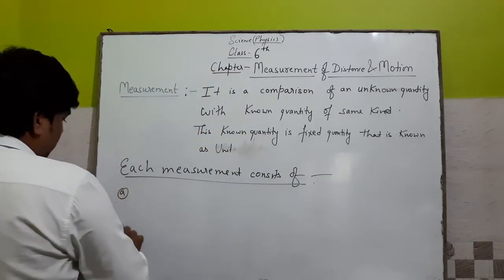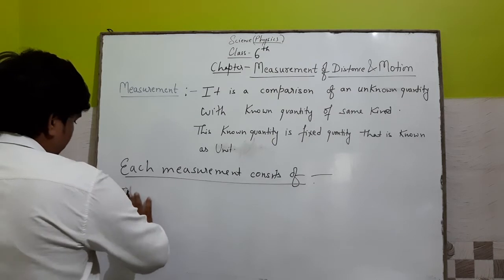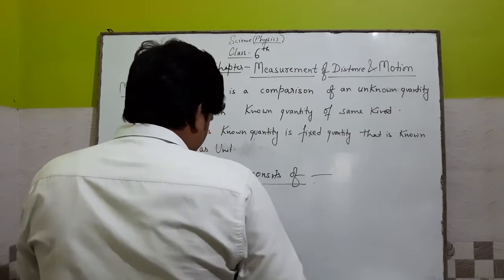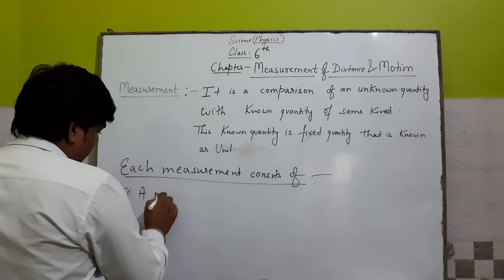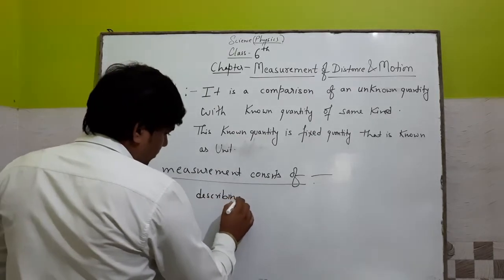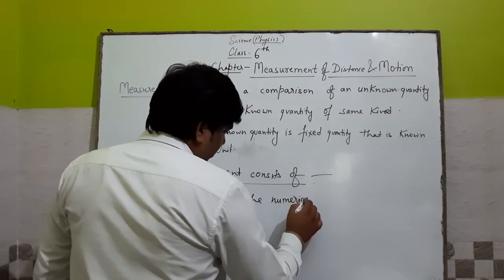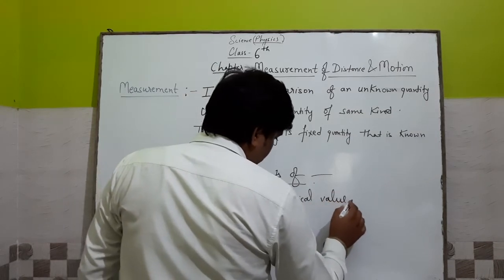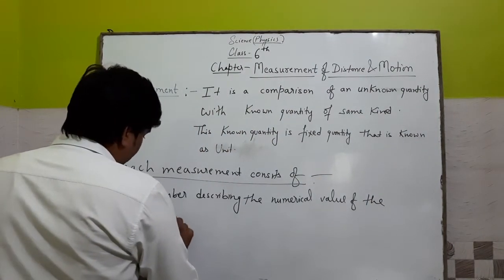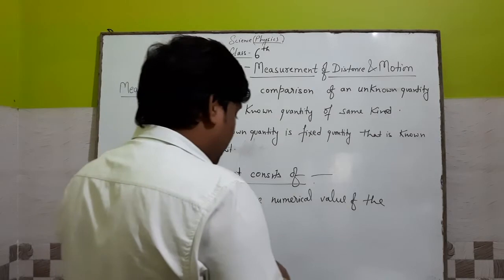First, a number describing the numerical value of the measure, and second one is what?